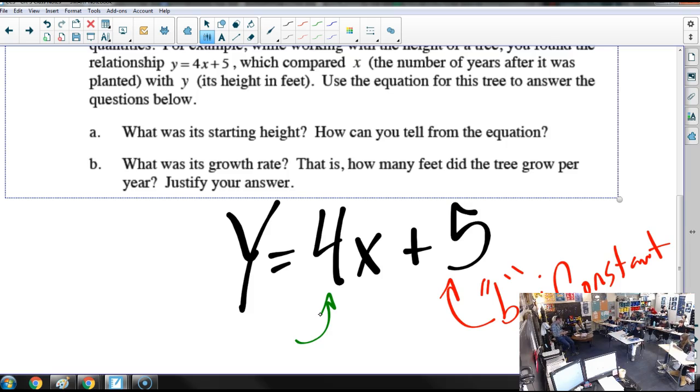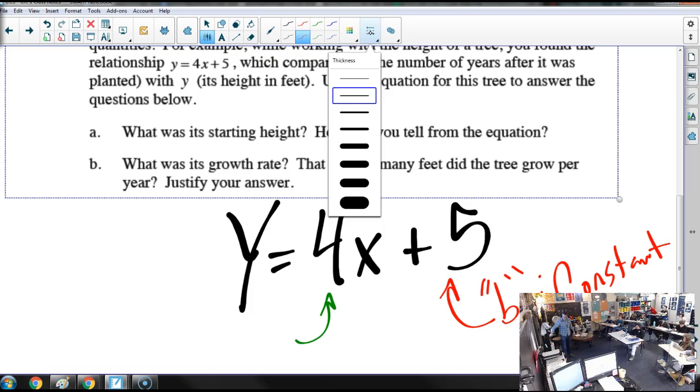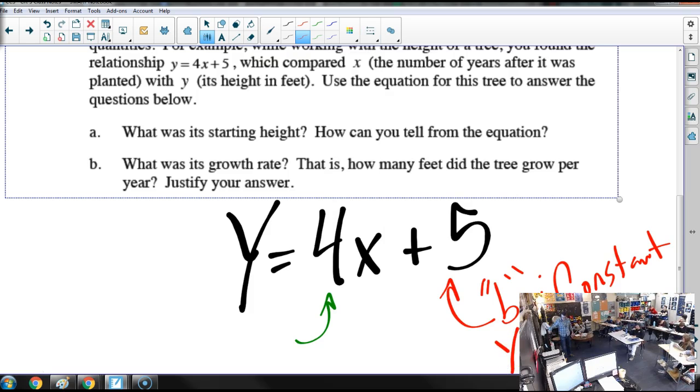The 4 there, Serena, we call the... Yeah, it is a coefficient. You're right. It is the m, but that's not really a name. Alex? It's not the y. That's actually also what we call the constant, right? So this is also known, you could write down on your paper just to have that reminder, it's the slope.